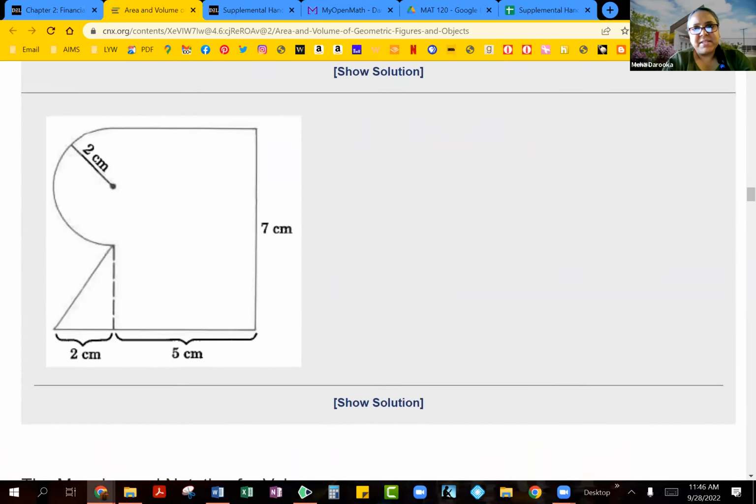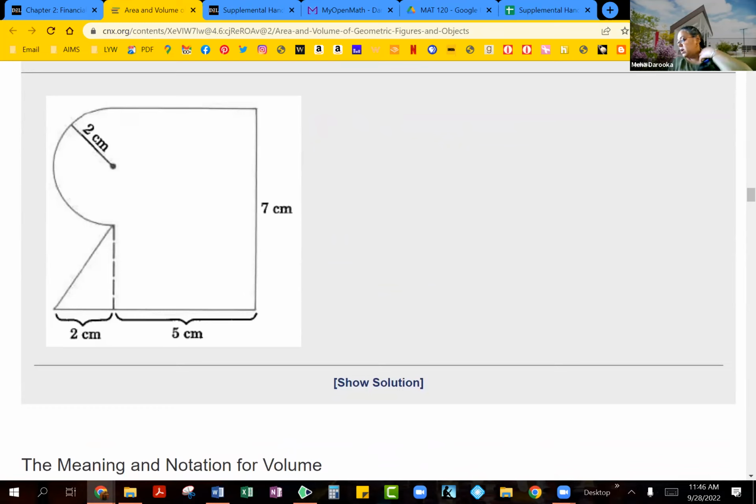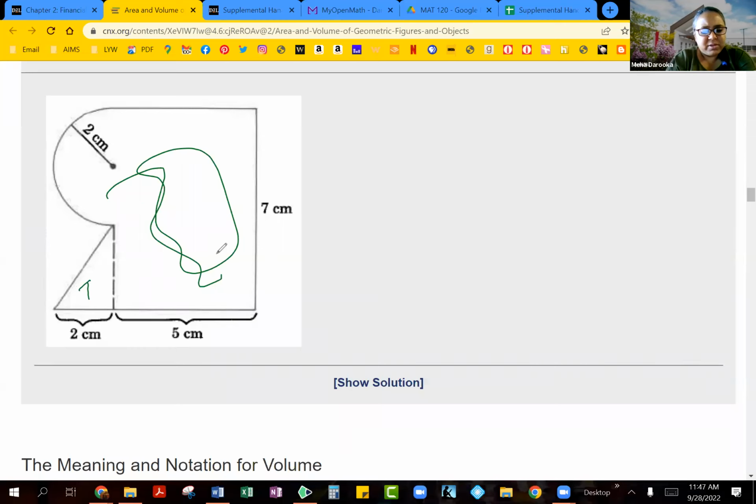Now this one, as you can see, is kind of getting into multiple different shapes. So let's take a look at how we can break this down over here. Of course you can see they've already given us this little dotted line over here. So this is making a triangle. Now, what kind of shapes can we get out of this larger section up here? What can we break this down into?